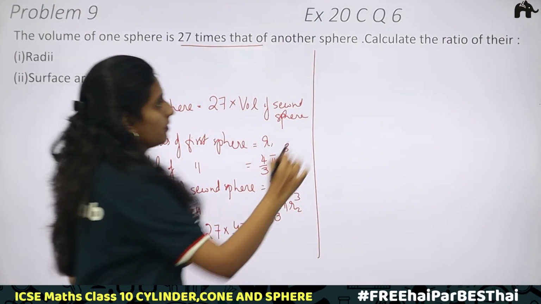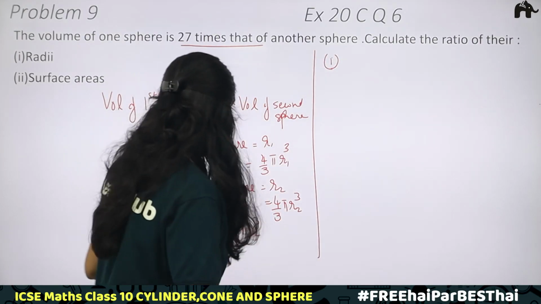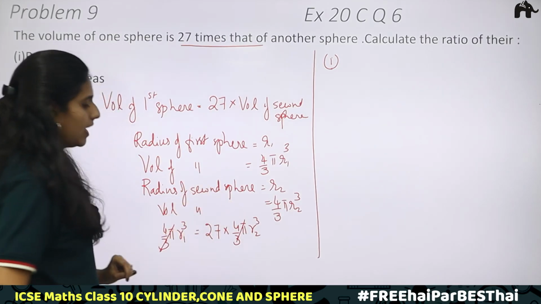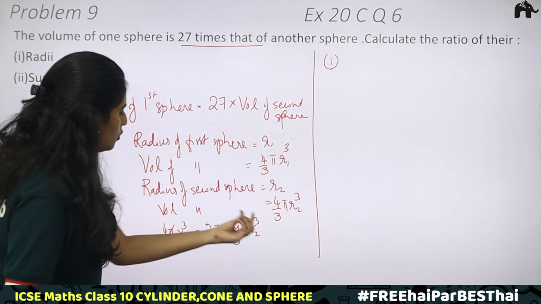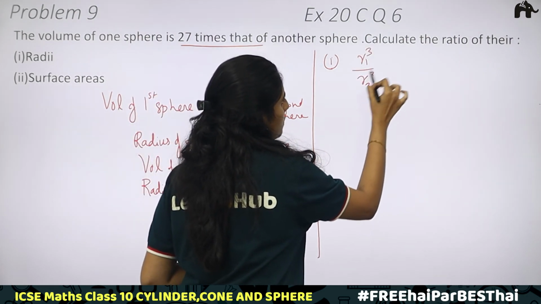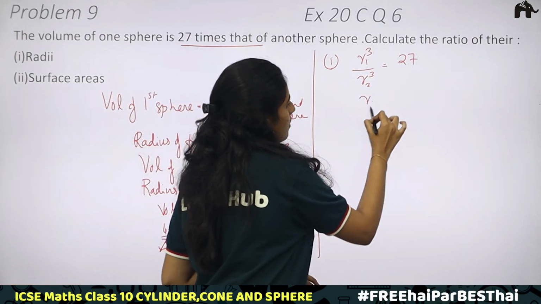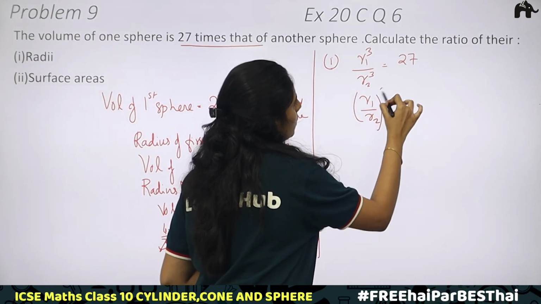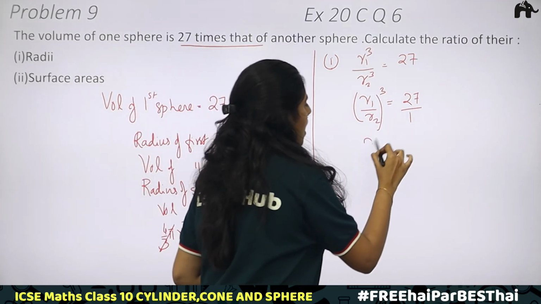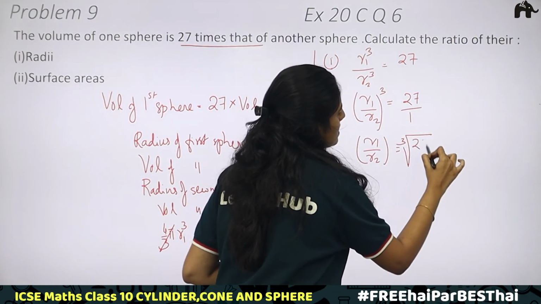So the first part, we need to find the ratio of their radii. Okay, so here from both these sides 4 by 3 pi can be cancelled. Then this r2 cube taken to the opposite side, we get r1 cube divided by r2 cube equal to 27. The 27 is remaining here. r1 by r2 whole cube is equal to 27 divided by 1. r1 by r2 will be equal to cube root of 27 divided by 1.